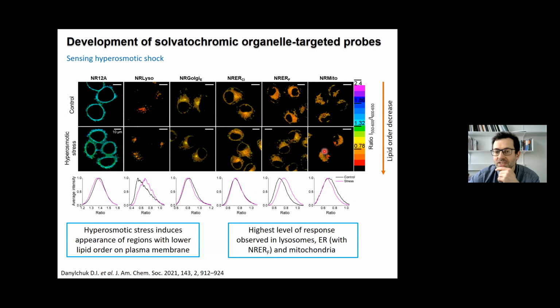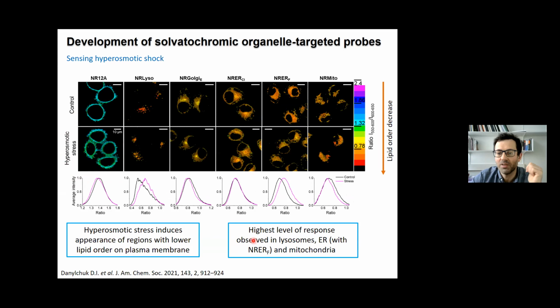Another parameter that we wanted to check was mechanical stress, and now it's a popular approach to produce a hyperosmotic shock, where by changing the salt concentration the cell shrinks, and this produces mechanical stress on membranes. We could observe for the plasma membrane very small effects, but we observed heterogeneity on the membrane. That was important.